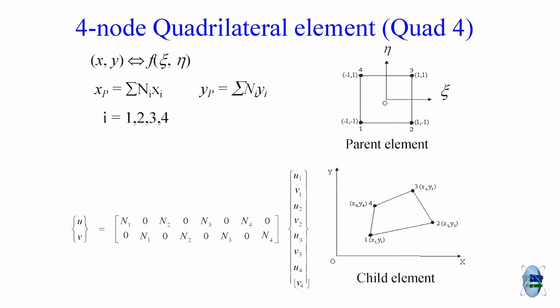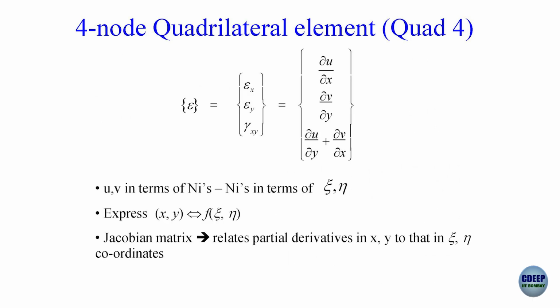But then we faced a challenge. If this is how nodal displacements are interpolated in terms of functions of zeta eta, then I need the derivatives for the strains: dou u by dou x, dou v by dou y, and the cross derivatives, for the normal strains in x and y and the shear strain gamma xy.